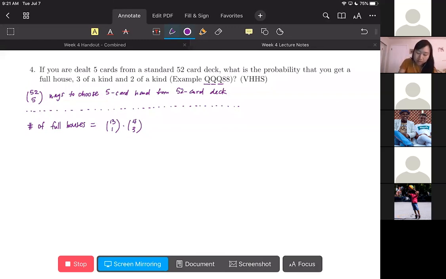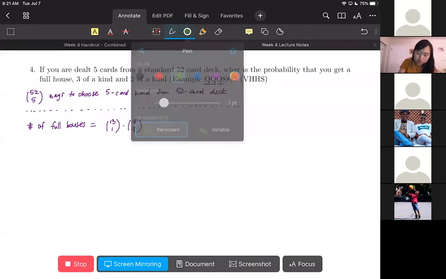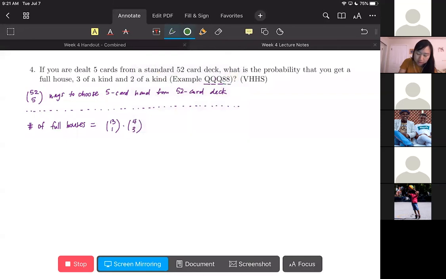And then we can move on to, I'll use a different color, the second part, which is now we have to pick 2 other cards to complete the full house. And so since we've already selected one of the 13 ranks to be the 3 part in the full house, that means there's only 12 ways that we can choose one of the 12 ranks to be the second one to be represented in the full house.